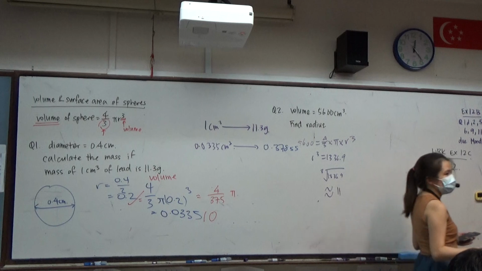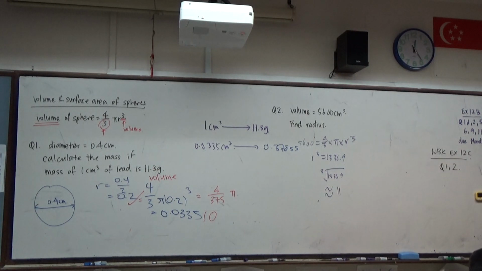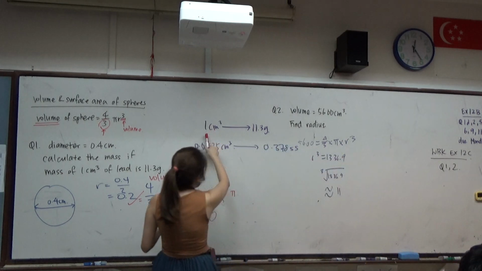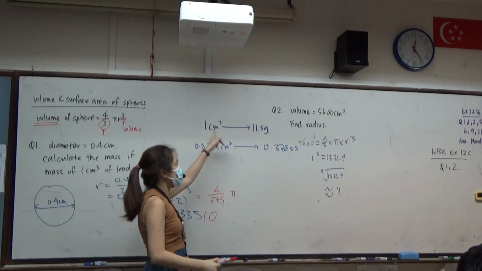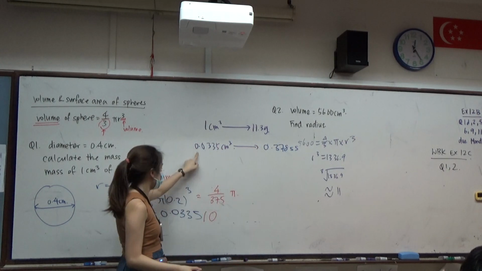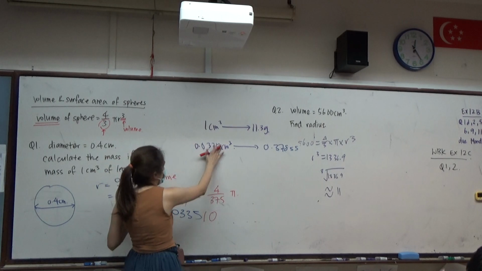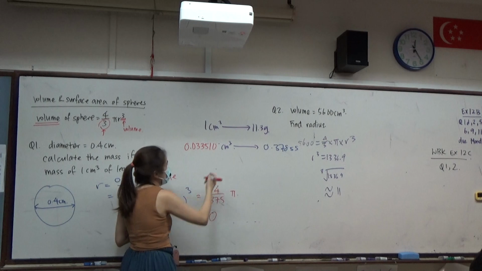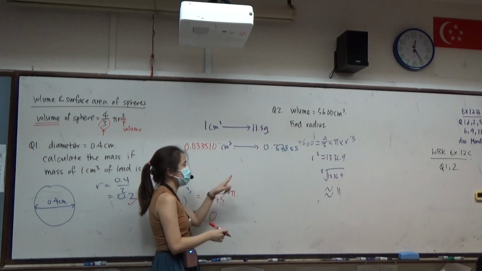But that's not all. Any questions so far? After we find the volume, as I mentioned, 1 cm cube of volume will weigh 11.3 grams. If now it is 0.03351 cm cube, how many grams would it be?